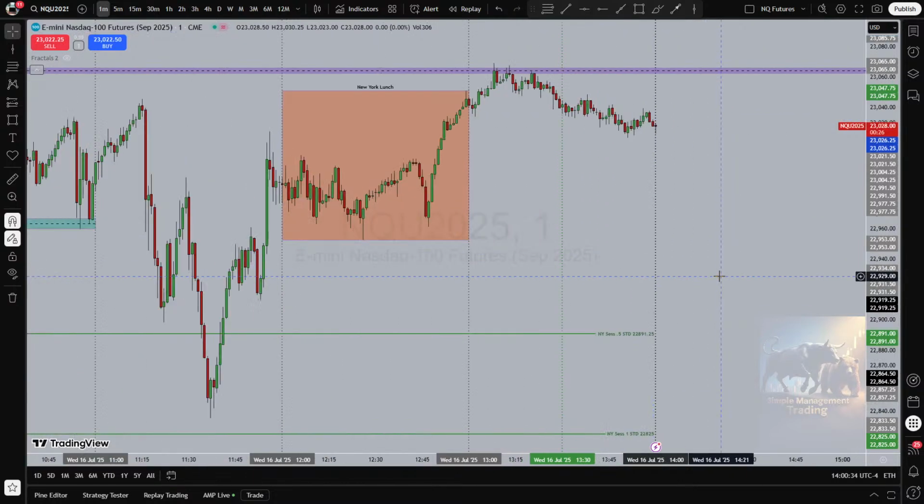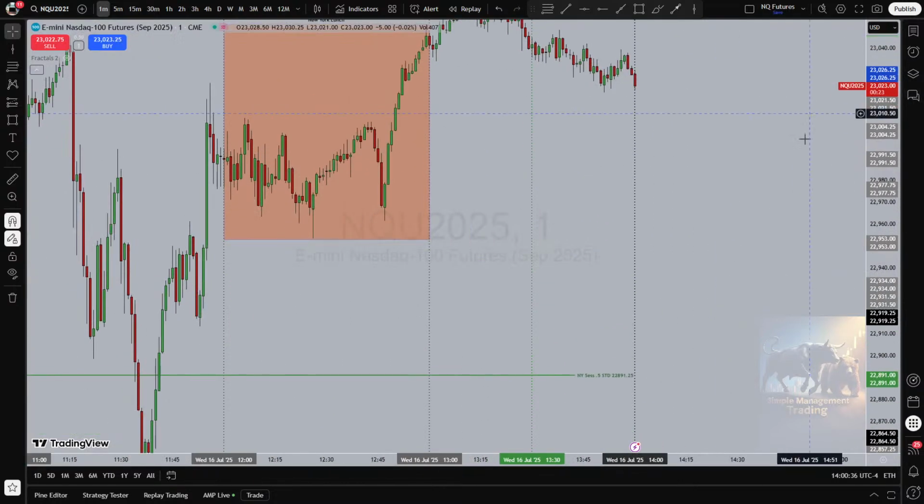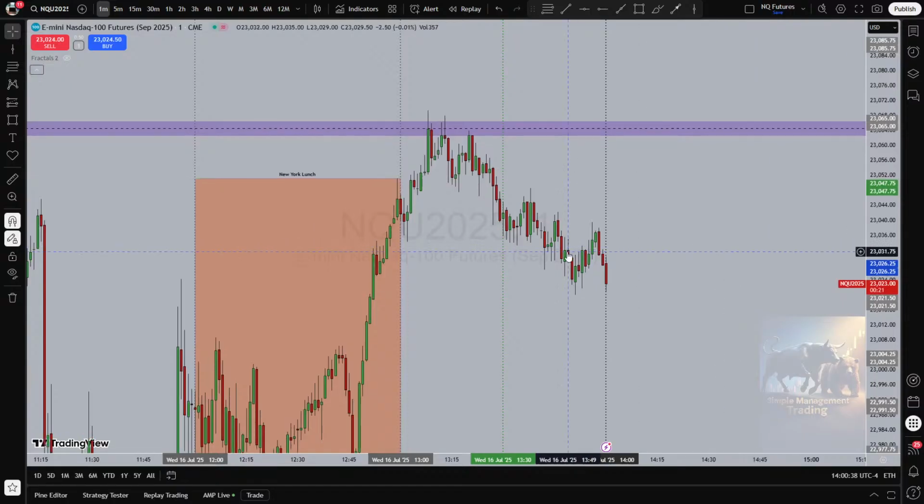See that? I don't see any other one here. Well, there's that imbalance, and there's this imbalance right here. So if I need to mark something, I will mark that imbalance.